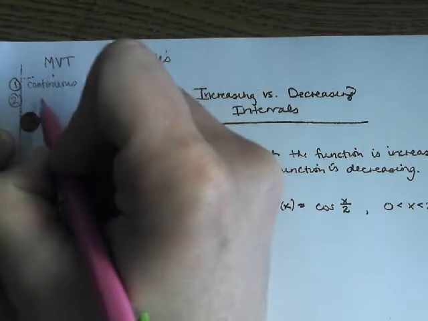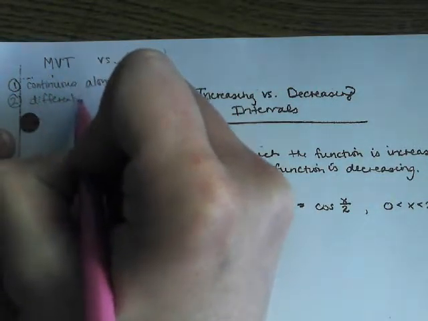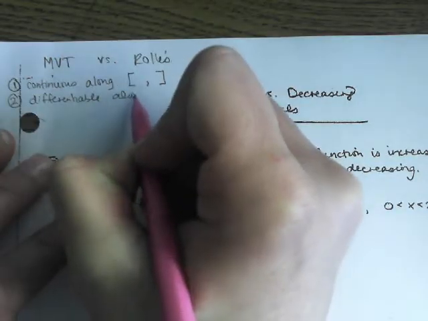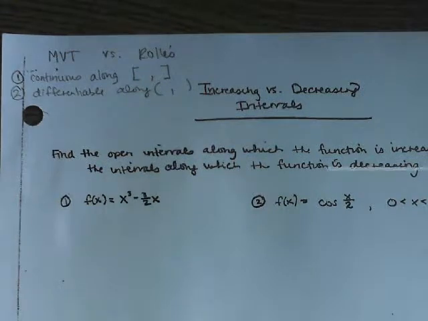And then in both cases, the function has to be differentiable along the open interval. You know, it could never be differentiable along the closed interval because nothing is differentiable at endpoints.